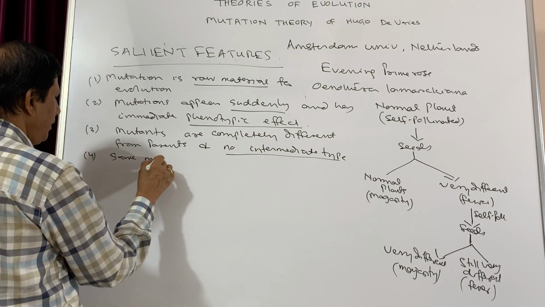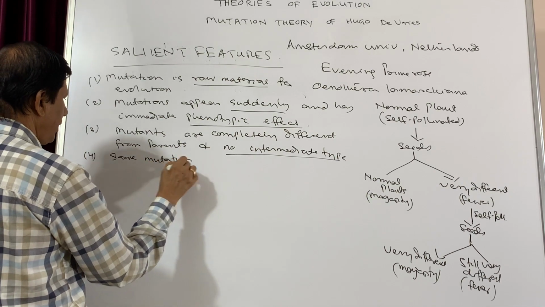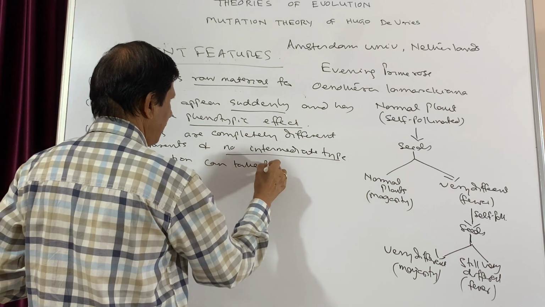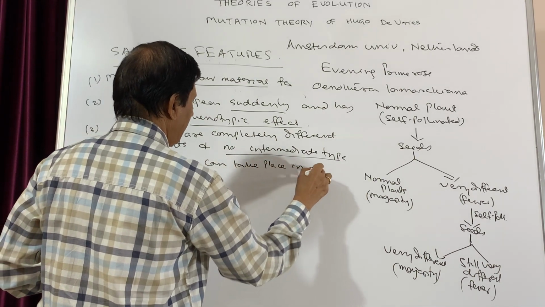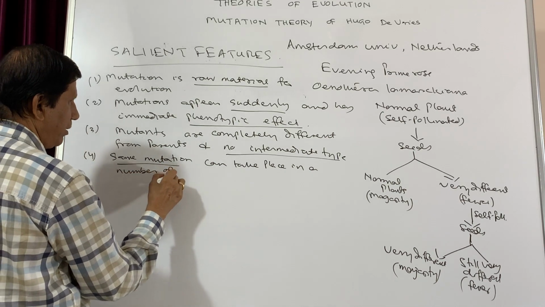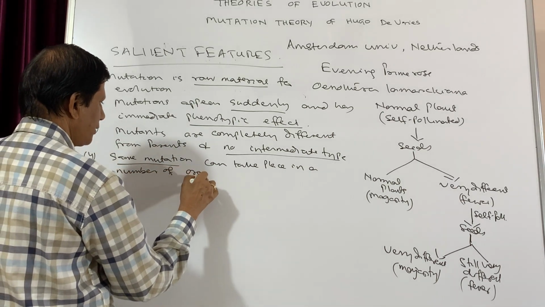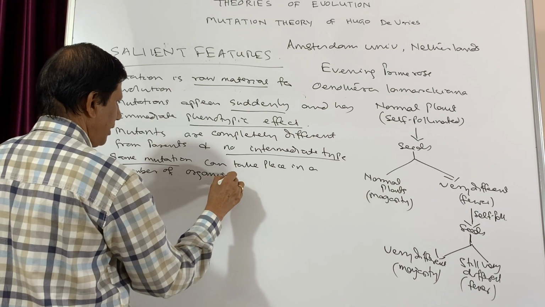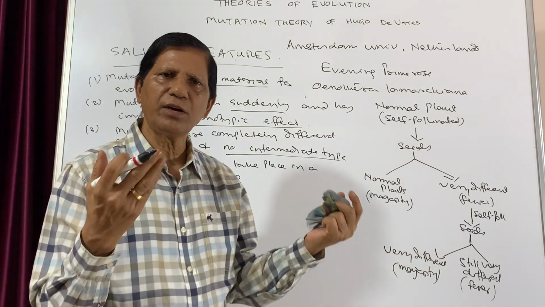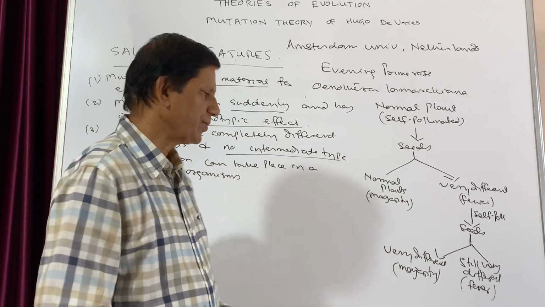The next point, the same mutation can take place in a number of organisms. That means the mutation which takes place in evening primrose can take place in other plants and animals also.